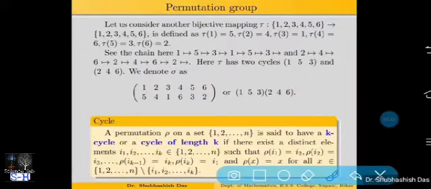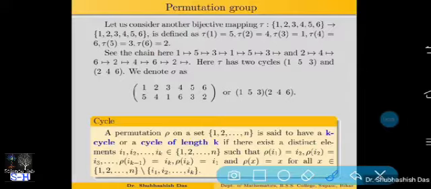Again, let us consider a bijective mapping tau from that finite set 1, 2, 3, 4, 5, 6 onto itself, defined as 1 goes to 5, 2 goes to 4, 3 goes to 1, 4 goes to 6, 5 goes to 3, 6 goes to 2. We see here a chain: 1 goes to 5, 5 goes to 3, and 3 comes back to 1 again. Another chain: 2 goes to 4, 4 goes to 6, and 6 comes back to 2 again.